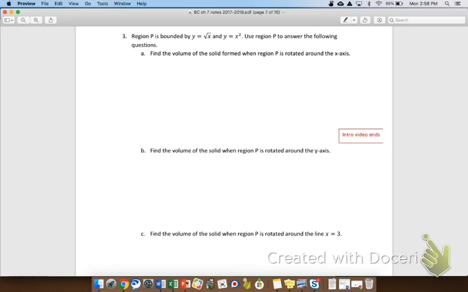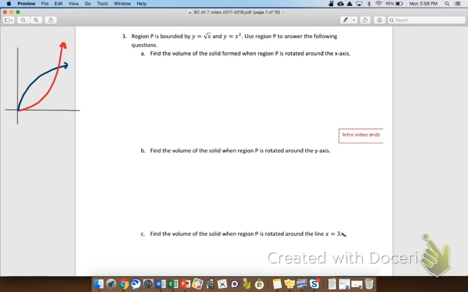Okay, here we go. So here is a graph of my region. Actually, I'm going to change this just a little bit. Here is the graph of the region. You guys know these well enough to know which one is x squared, blue or red?